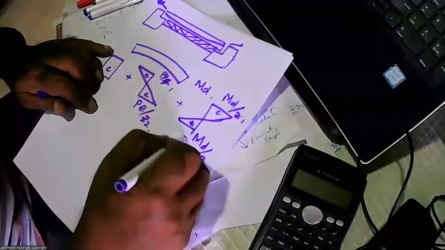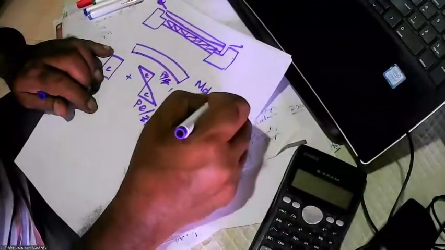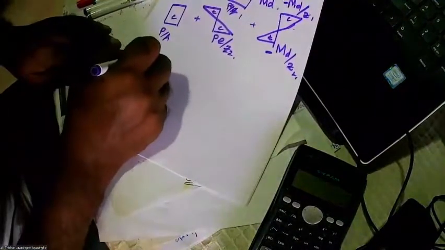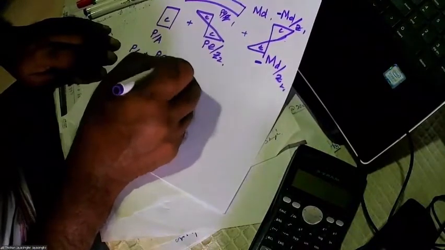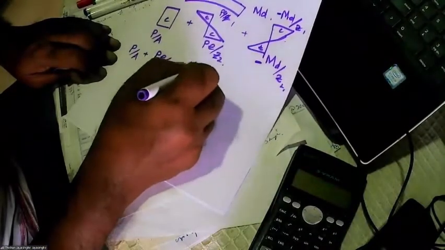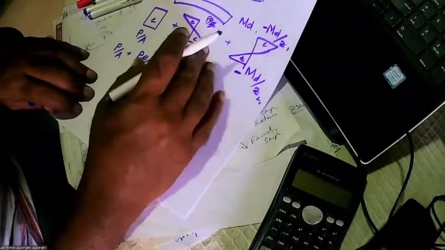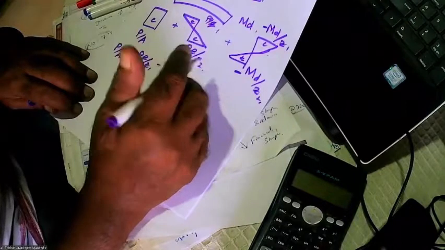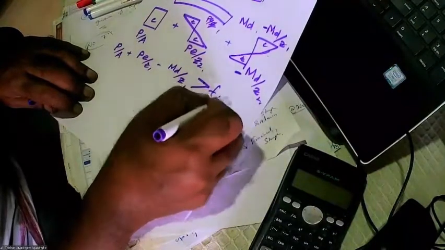This tension is negative, so this is minus, and this is a positive answer, but we know Z1 is negative, so this is also negative. So we can write two new equations: P over A plus P e over Z1 minus M D over Z1. Now this is a tension failure, should be greater than f t at transfer.